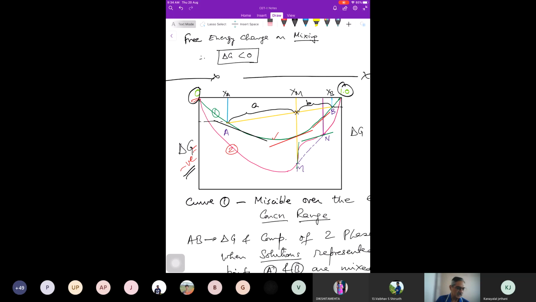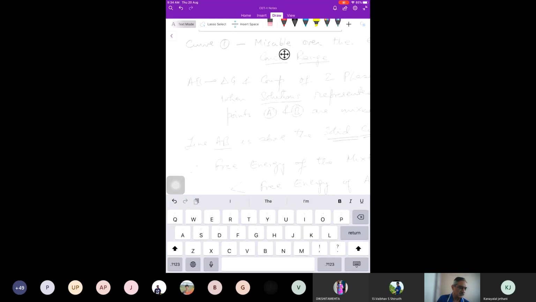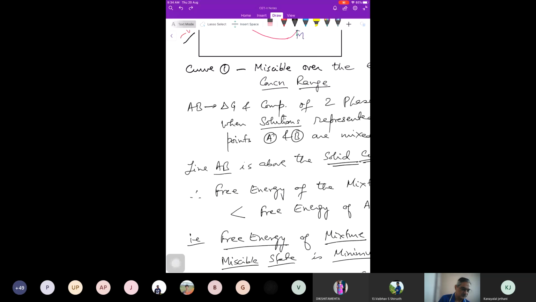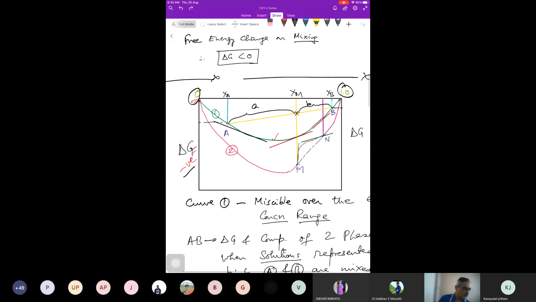So there are two types of curve which you can get depending on the systems. One is this type of curve, which is a smooth curve. This type of curve, which is the green curve, is very smooth at the bottom below the zero line.